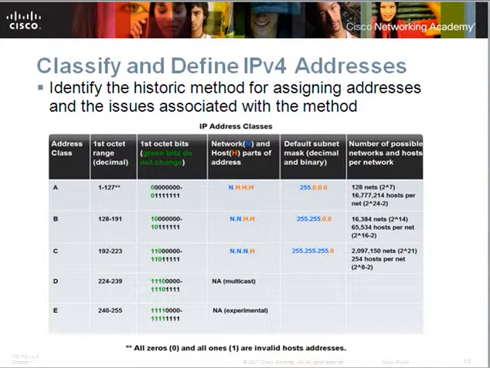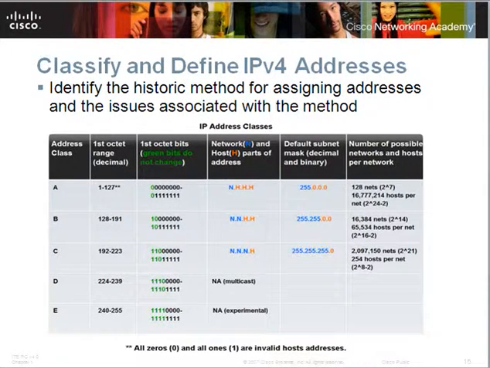The first 4 bits of the first octet are set to 1, and it ranges from 240 to 255. Class D is used for multicasting, so we will not use class D addressing. Class E is used for experimental and research purposes. We will discuss that.